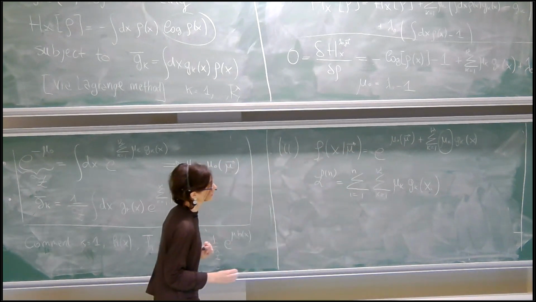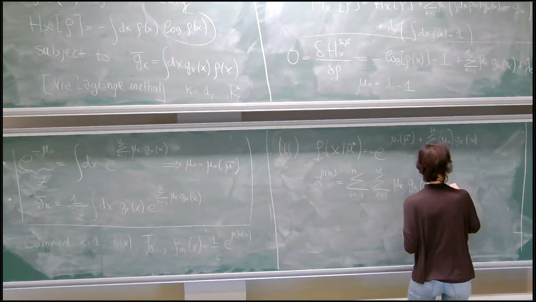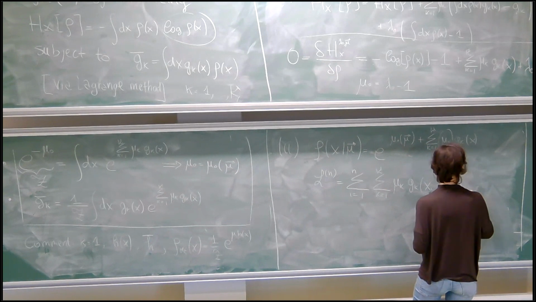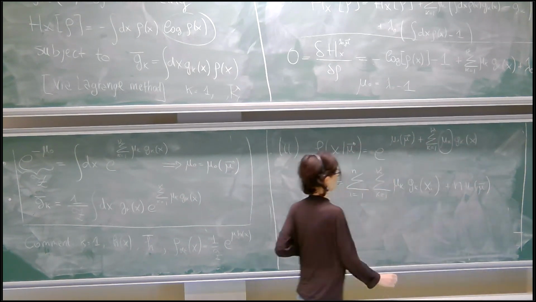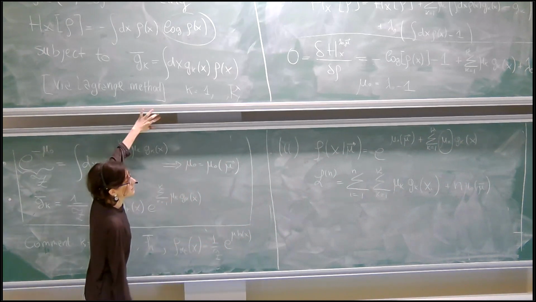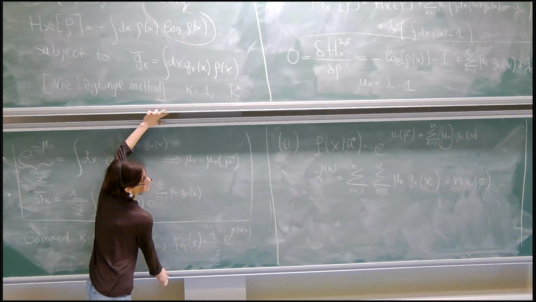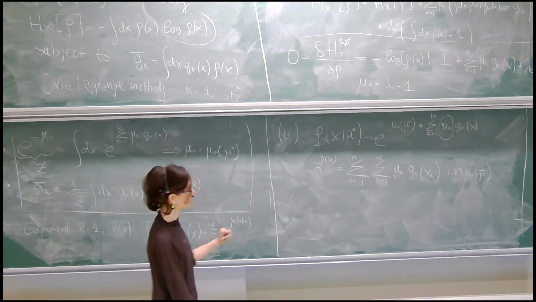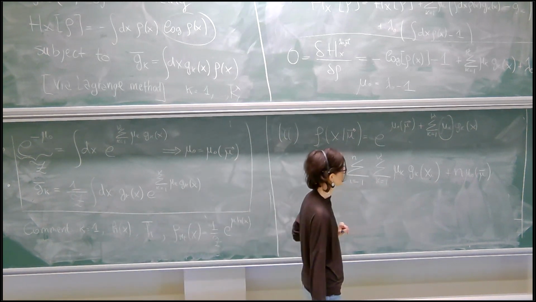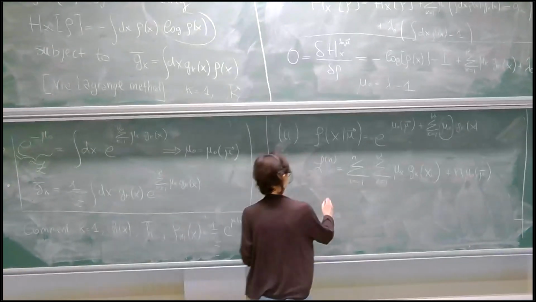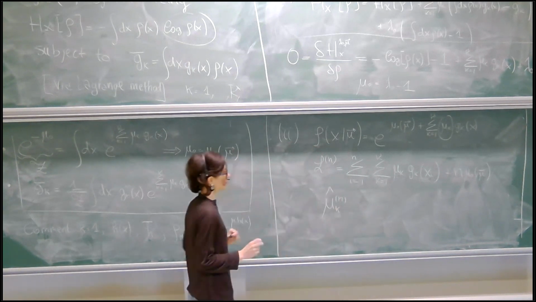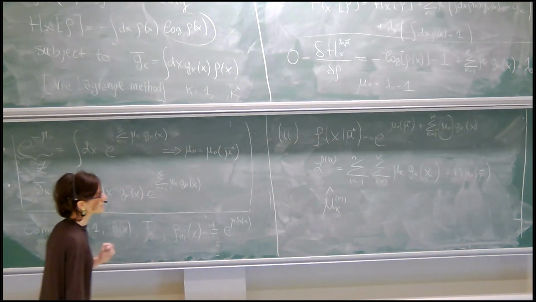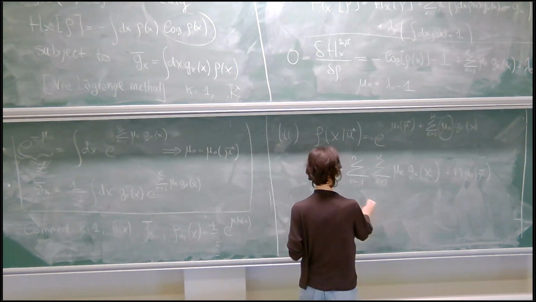And then I have the constant term, so I collect the factor of small n, and I have mu0 of mu times n. And now I have to optimize this with respect to the mu k. And so the equations that I get, the estimate for my mu k is what?